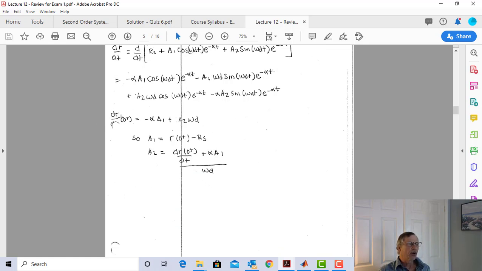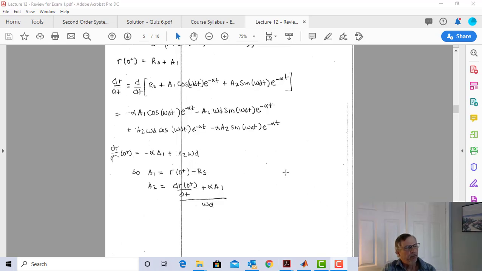You know your dr dt, you know your alpha, you know your omega d. So you can solve this thing for A1, and you can solve for A2. So you can get A1 all by itself, and you can get A2 using what you got for A1.